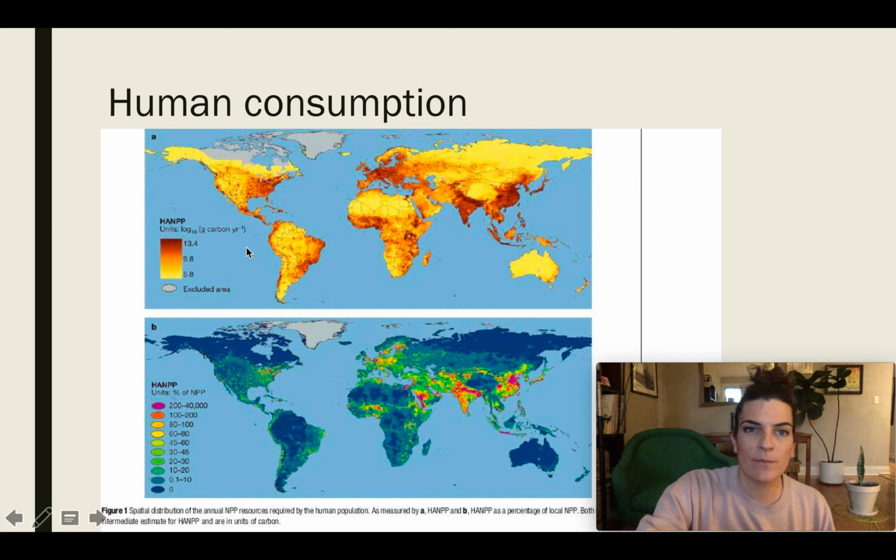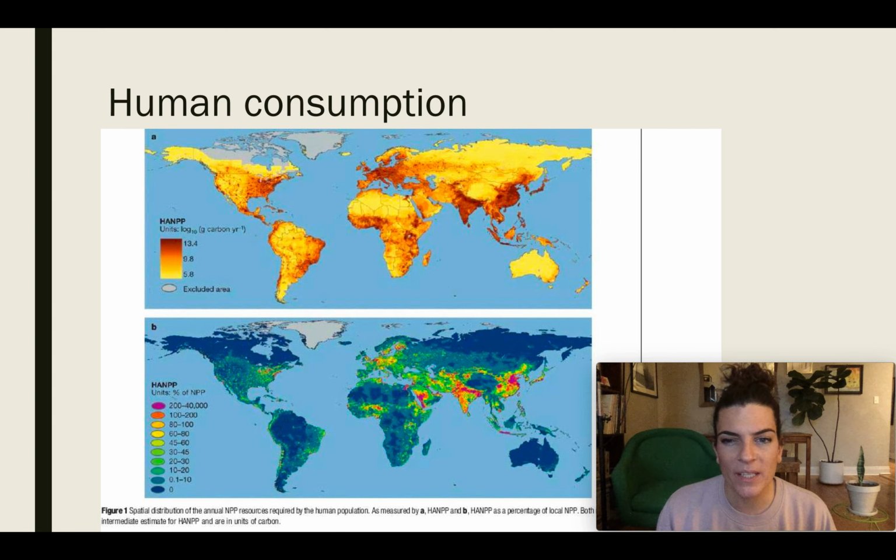In this first plot here, it tracks fairly well with population density, but as you'll see in the next slide, it doesn't track one-to-one. There's not a perfect ratio between population density and human consumption of resources.